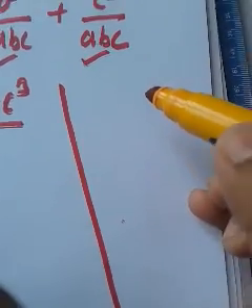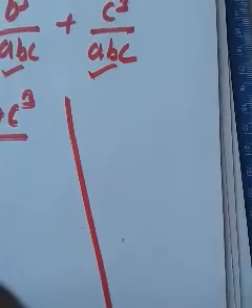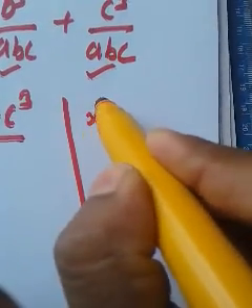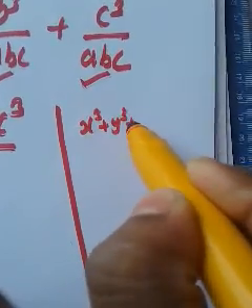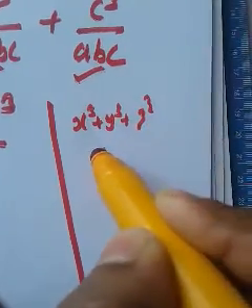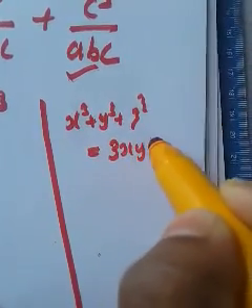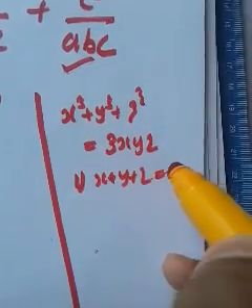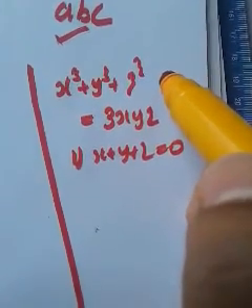Now let us look. We have an identity: x cube plus y cube plus z cube can be written as 3xyz if x plus y plus z is equal to 0. How many of you remember that identity?